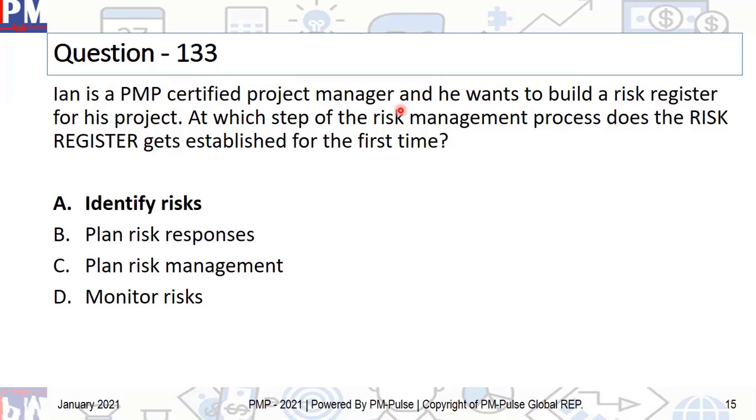Ian is a PMP certified project manager and he wants to build a risk register for his project. At which step of the risk management process does he do that? Well, risk register is an output of the process called identify risks. Yes, risk register is an output of other processes of risk management as well, in the form of document updates. But the first time it becomes an output of a process, it is identify risks, and therefore among the options provided, this is the correct option.